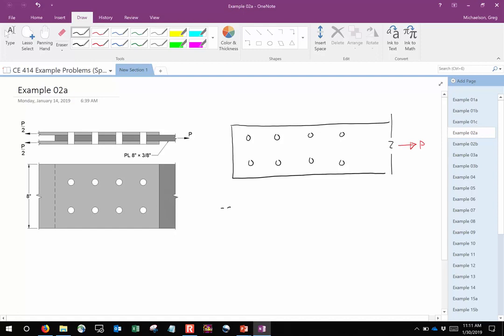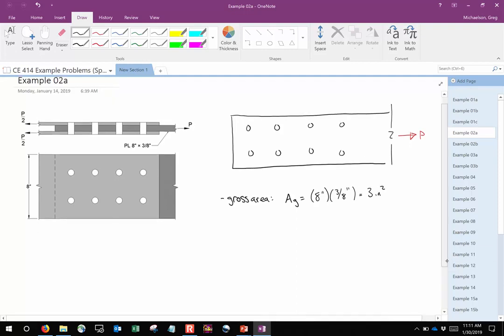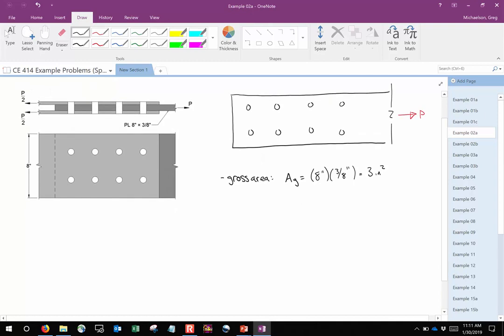So gross area, AG, is 8 inches times 3/8 of an inch, which is 3 square inches. Not too bad, right? All right.